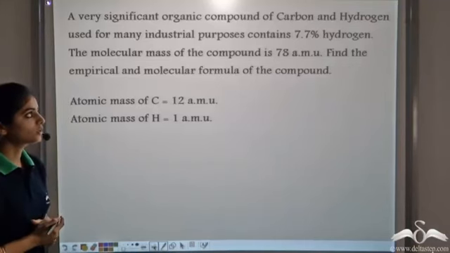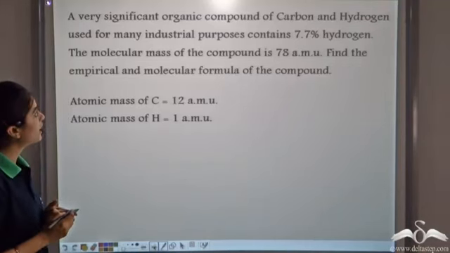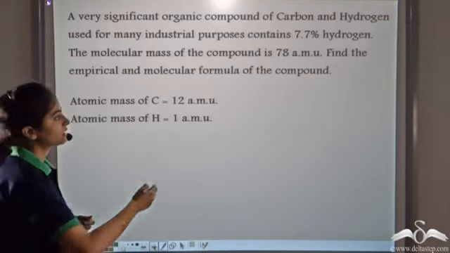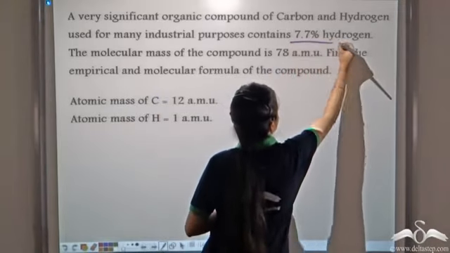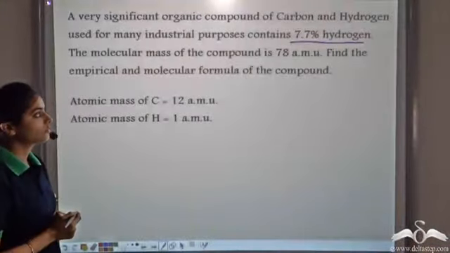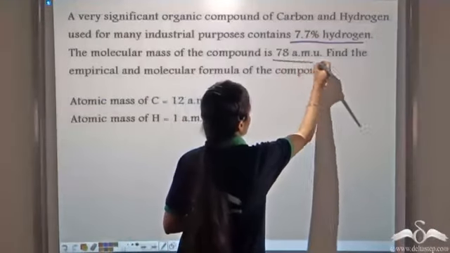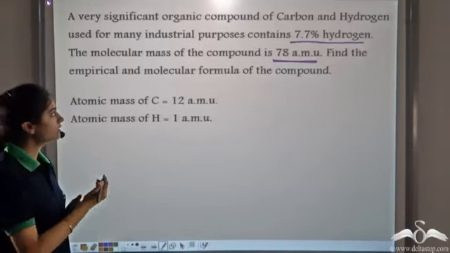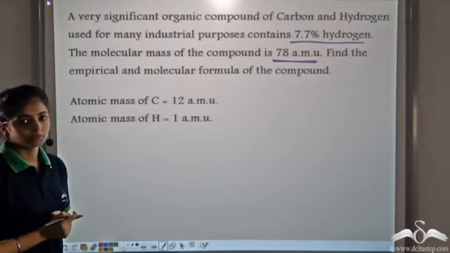A very significant organic compound of carbon and hydrogen, which is used for many industrial purposes, contains 7.7% hydrogen. The molecular mass of the compound is 78 atomic mass units. We have to find the empirical and the molecular formula of the compound.